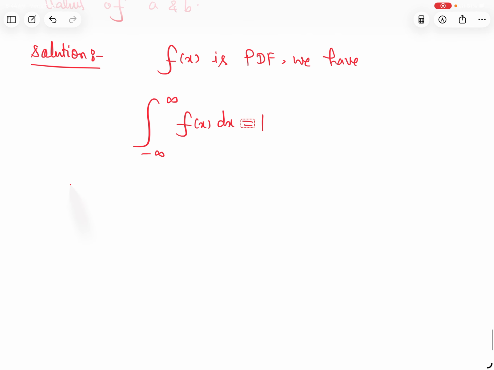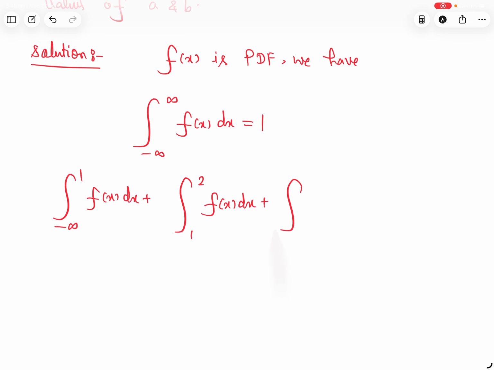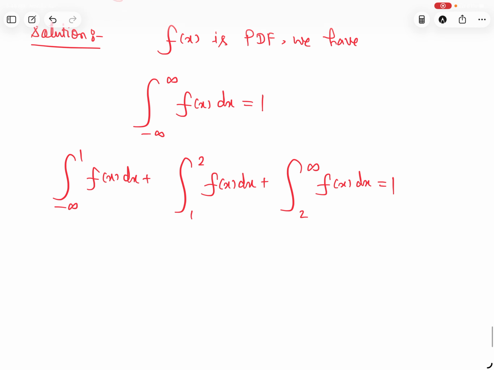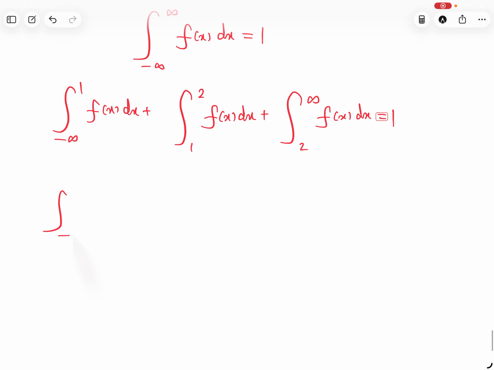We can break this integral into minus infinity to 1 f(x) dx plus 1 to 2 f(x) dx plus 2 to infinity f(x) dx is equal to 1. Now minus infinity to 1, it is 0, so I can put 0 here.